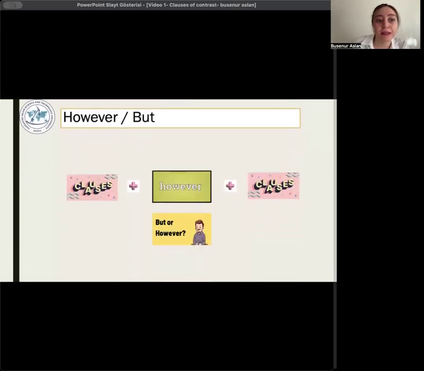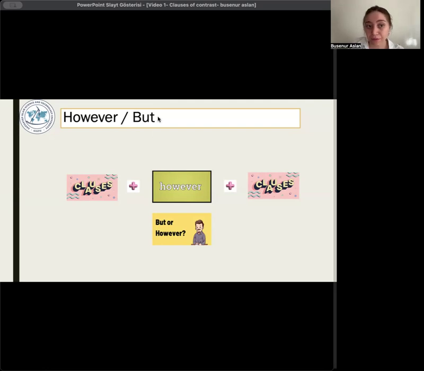Okay, let's look at the structure of however and but. However is a transitional conjunction and it's used in between two sentences. You see there is a clause. The sentence is finished with a period, and after the first sentence you can bring however and keep going to construct your sentences.